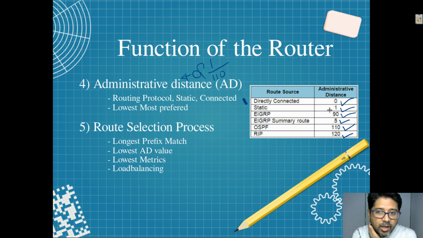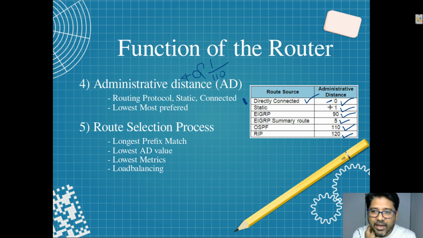If you see in the chart, we prefer the directly connected route first because its AD value is 0, and this is the most trusted, most preferred route installed in the routing table. It ranks highest in preference.